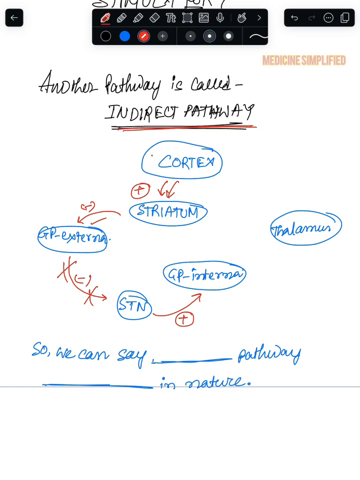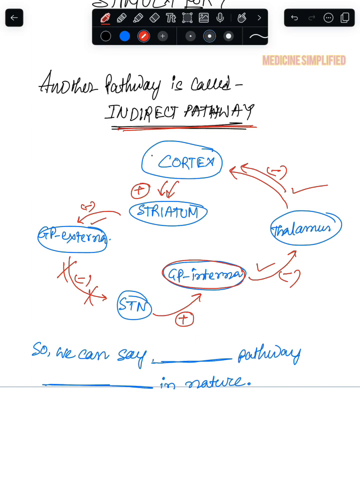Normally, what does globus pallidus interna do? It inhibits the thalamus. So, activated by the subthalamic nucleus, it will inhibit the thalamus. As the thalamus is getting inhibited, inhibitory signals to the cortex will be sent. The signals to the cortex will not be stimulatory.